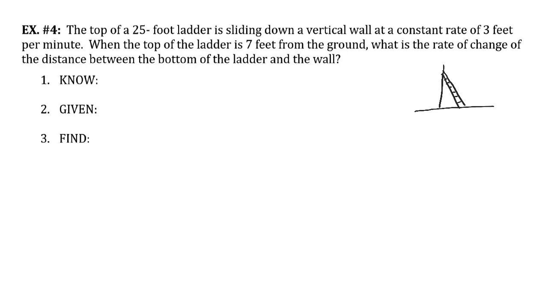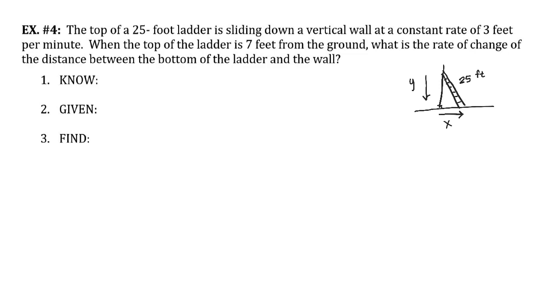So notice that here the ladder is moving downward, and this side we could label Y. And notice as the ladder is sliding down, then the base of that ladder is moving out. So we're going to call that side X. And we know that the ladder was 25 feet long.